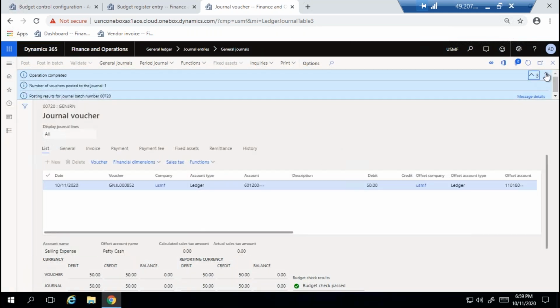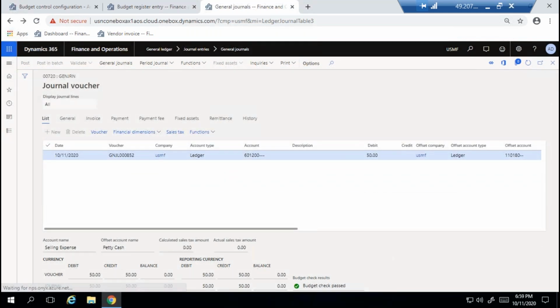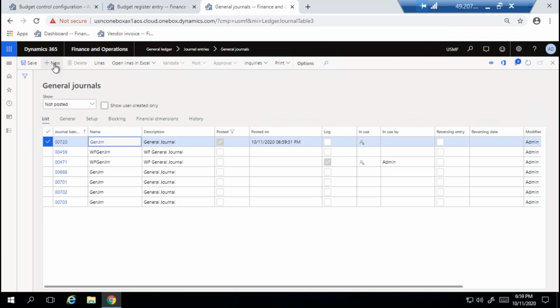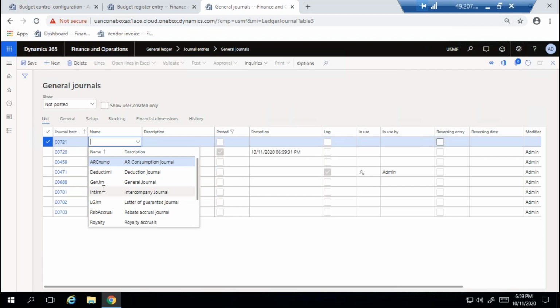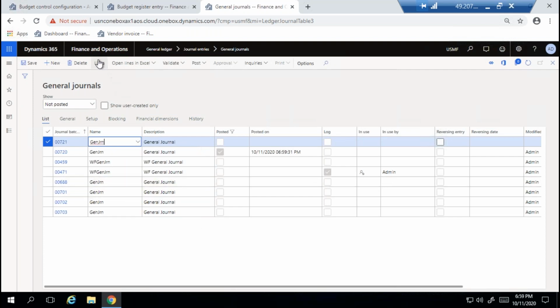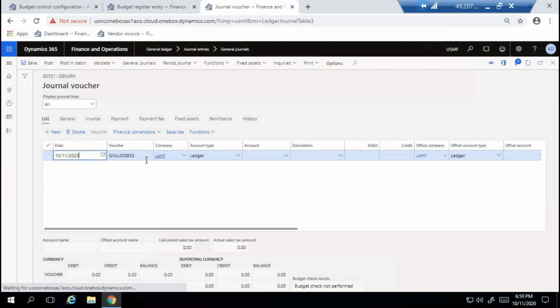Now I'm trying to post one more journal after 15 days or after 10 days. I'm trying to post one more transaction. Lines, 601 200. I'm entering suppose 480.